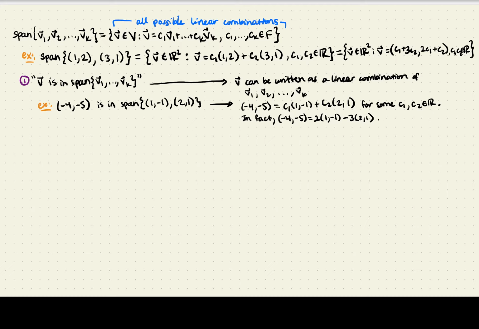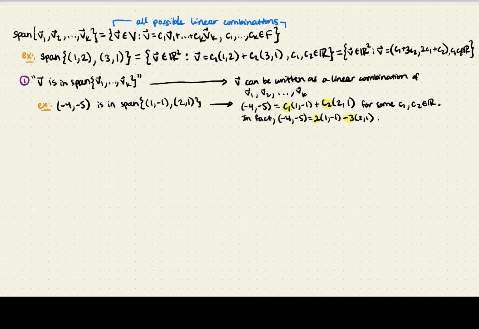I didn't show you how I know that. It's just an example that I had prepared before. But the point is that 2 and -3 are exactly those scalars c1 and c2. And this 2 times 1, -1 plus -3 times 2, 1 is a linear combination of those original vectors.